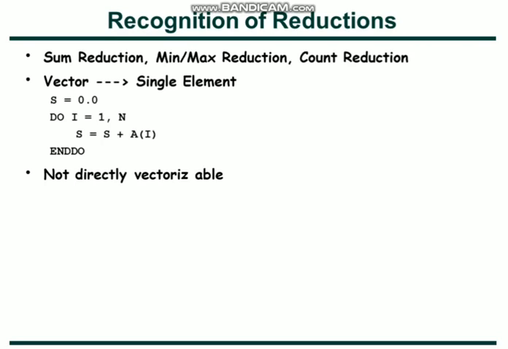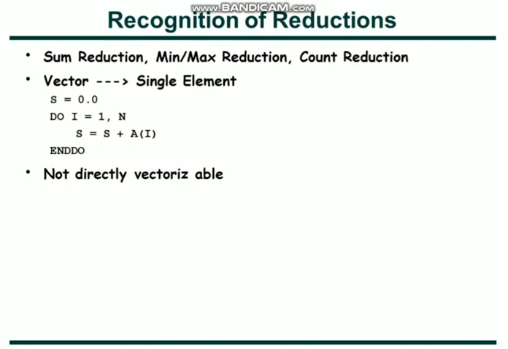If you see this example, this loop is not directly vectorizable because it has all three types of dependence: true dependence, anti-dependence and output dependence on the same statement inside the loop. So it is not vectorizable directly.